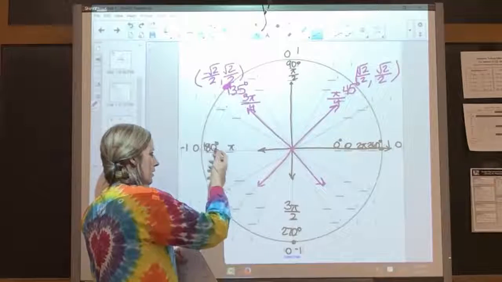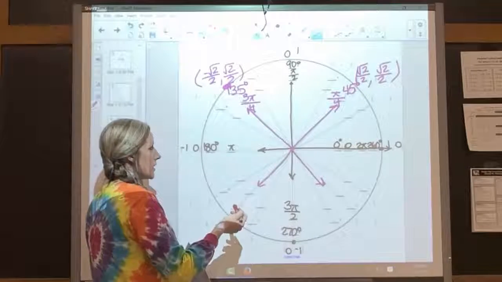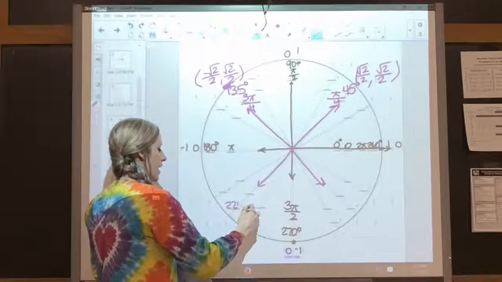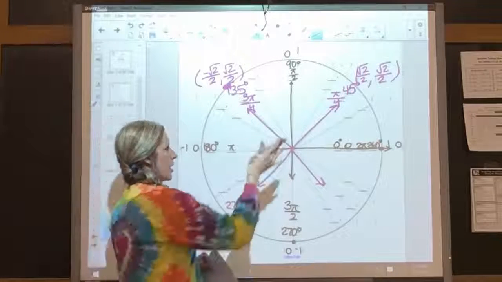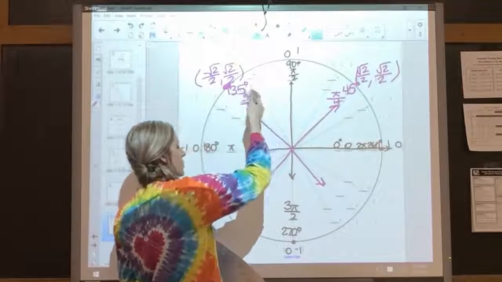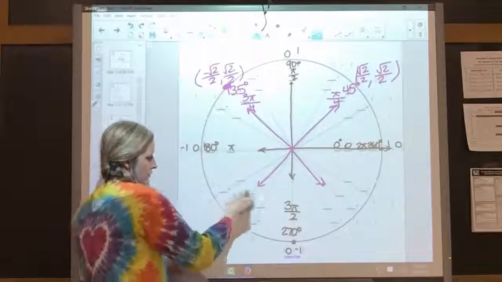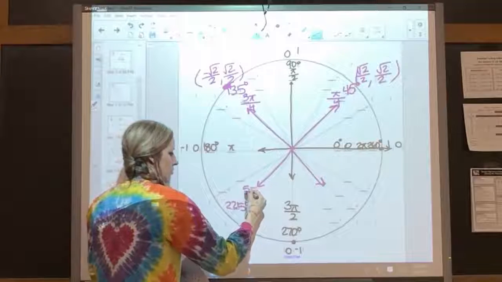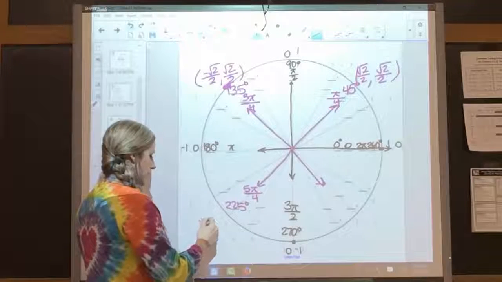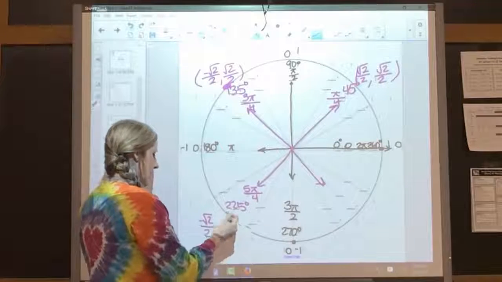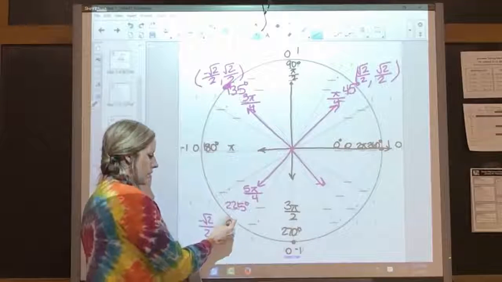Okay, the next one, 180 degrees plus 45 degrees would be 225. If we're talking about radians, we have 1/4, 2/4, 3/4, 4/4, 5/4 pi. This point would be, my x is going to be negative and my y is going to be negative. It's my points down here.